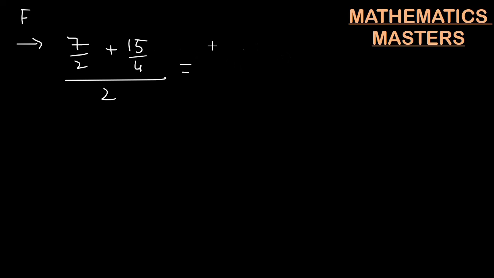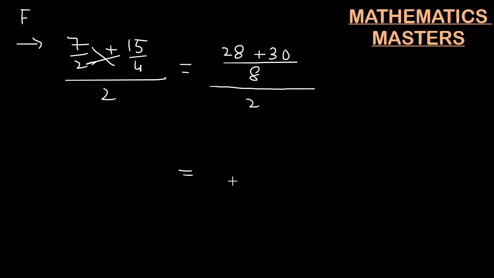That means we'll multiply 7 into 4, 28, 15 into 2, 30. So 28 plus 30 whole upon 8, 2 into 4 is 8, and then whole upon 2. That means it would be equal to 28 plus 30, 58 upon 8 times 2, 16.